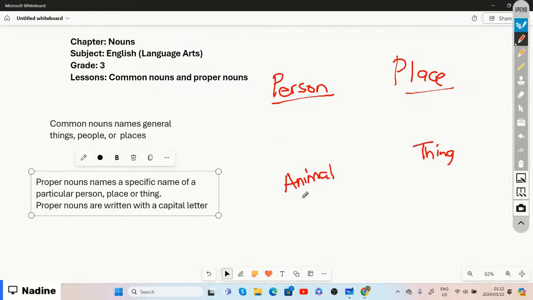All right, so if we look at, for example, person, then with person, you can either come up with the name of a person, or you can just generalize it. Like, for example, I will say man, right? So you're now going to write down the other nouns that are under person, names of people, or just general names of people.